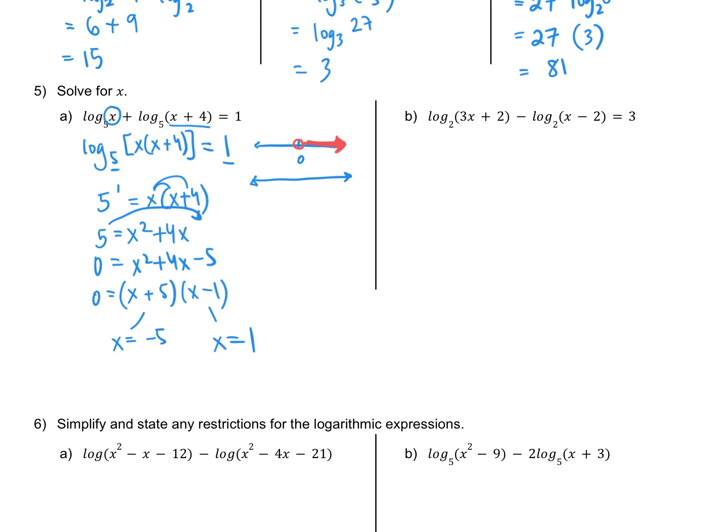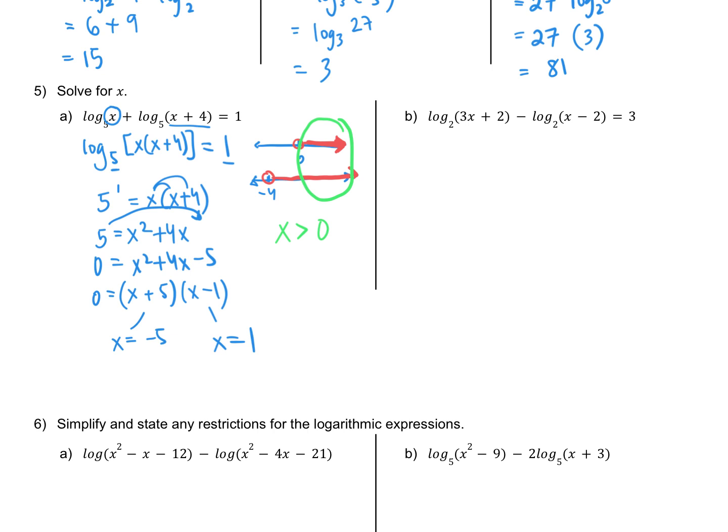In order for that bracket to be positive, x has to be greater than -4, and then you're good. Now, the restriction that will satisfy both of those logs and this equation in general is the portion that overlaps. And this is the overlapping restriction, which is that x is greater than 0.